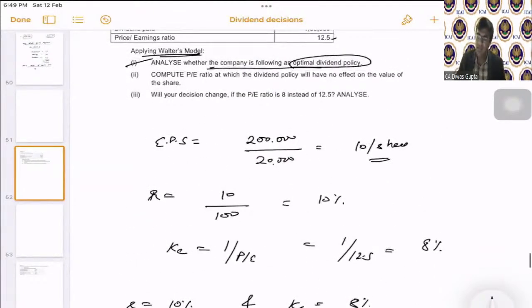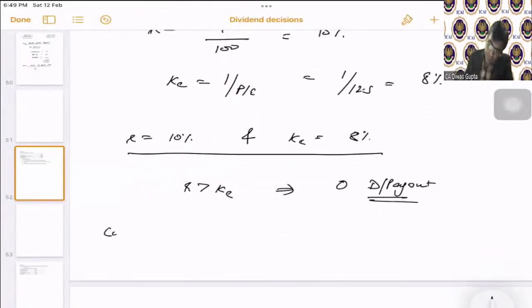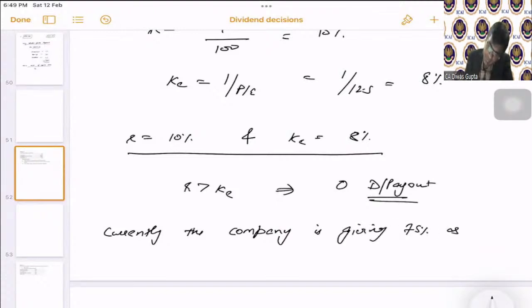So hence the company is not following the optimum dividend policy, right? Because currently the company is giving 75% as dividend.